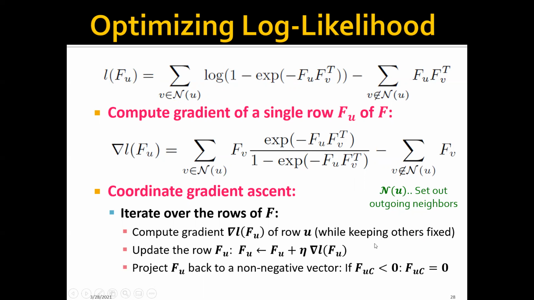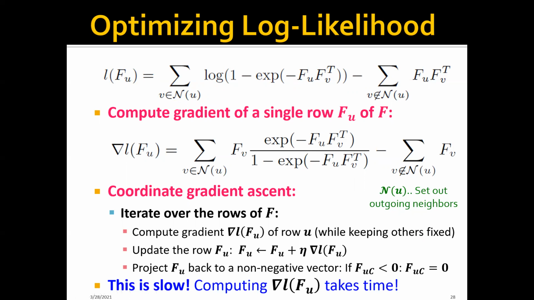And then, because sometimes after you update this FU, some entries in FU can be smaller than 0, and this is not good. So we will need to project this FU back to a non-negative vector. So basically, if any of the entries is smaller than 0, we will set it to 0.